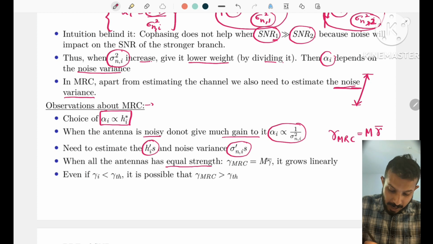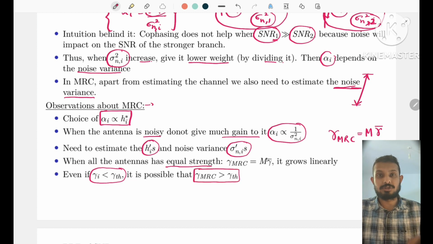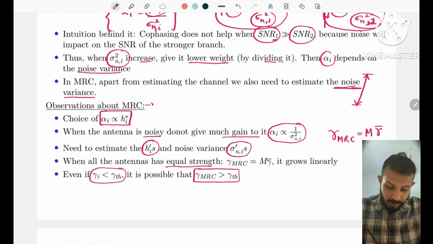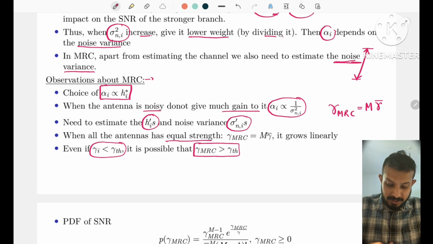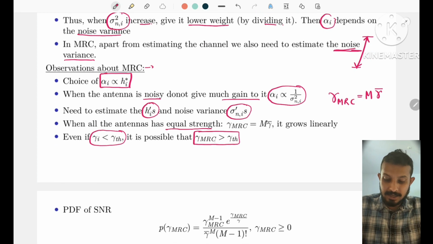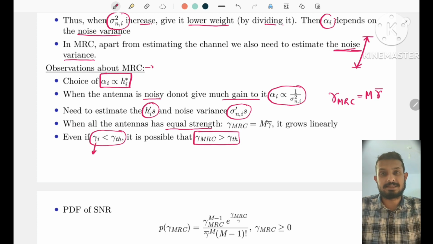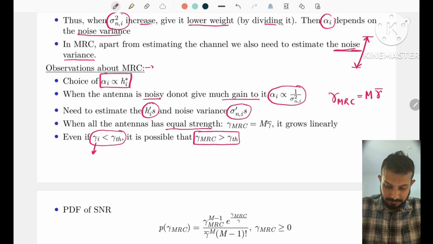And even if gamma_i is less than gamma_TH, by combining in this form, gamma_MRC may become greater than gamma threshold. So even if some of the branches are in fade, gamma_MRC can be greater than gamma_TH, not always, but there could be a situation where gamma_MRC is greater than gamma_TH even if the SNR of all the branches is less than gamma threshold.